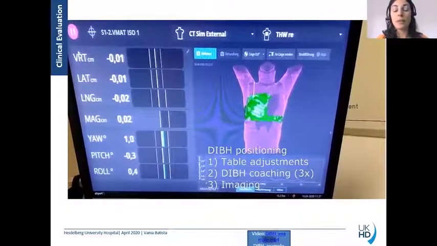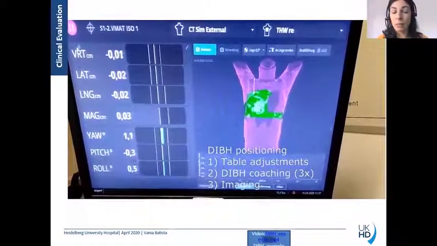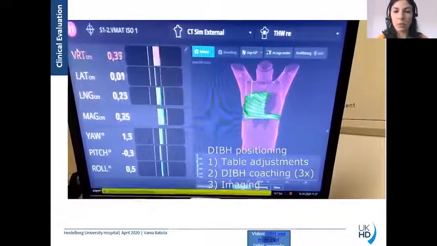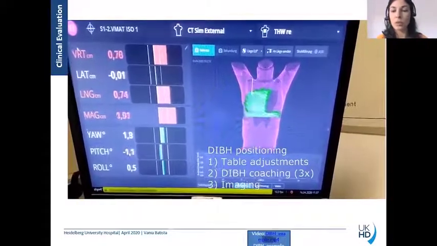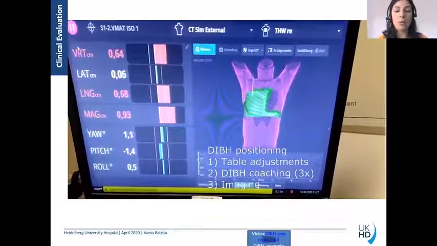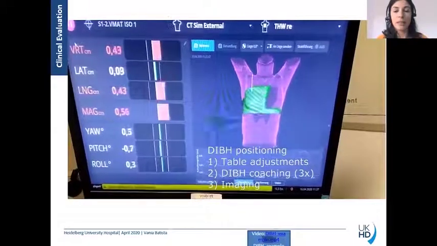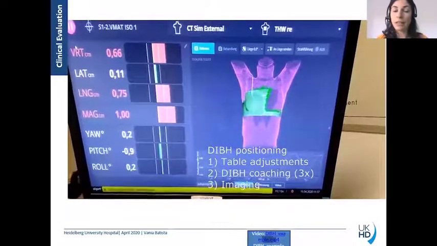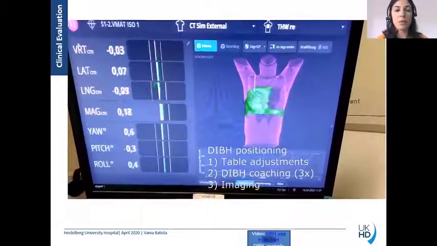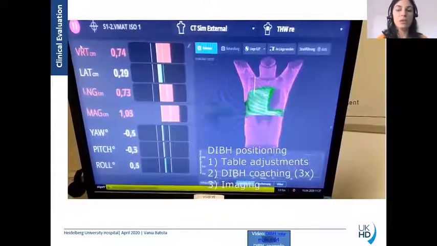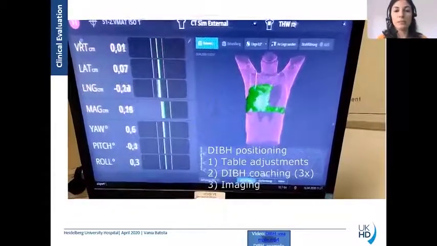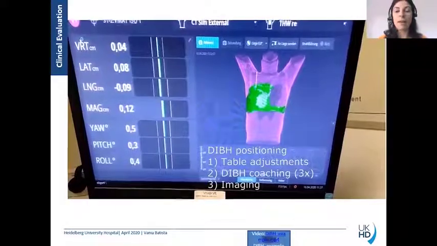Then the RTTs give the breathing command 3 times to confirm if the patient is able to return to the same breath hold. That is exactly the case here, where the patient is breathing normally, and the RTT repeats the information to confirm if the patient is able to return to the same position.